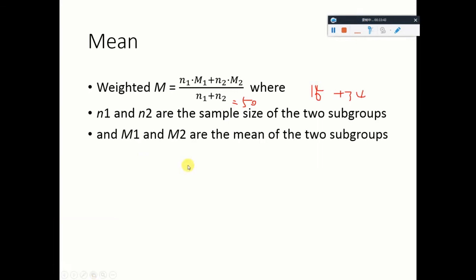Okay, then what about the numerator? The numerator, first of all, M1 and M2 are the means of the two subgroups.